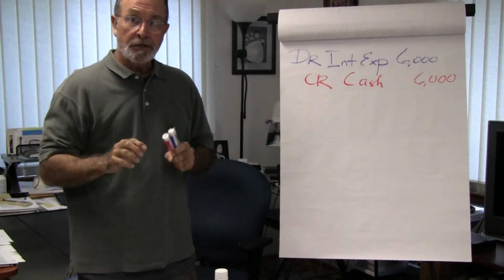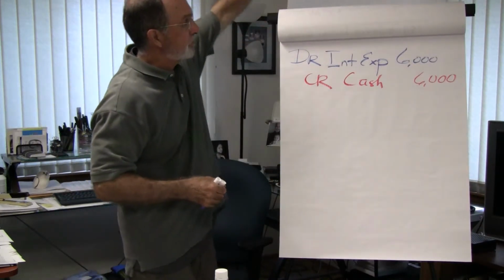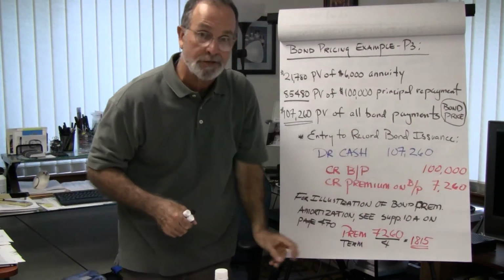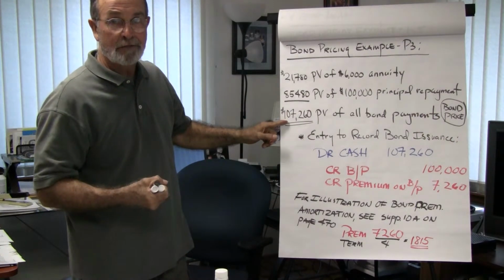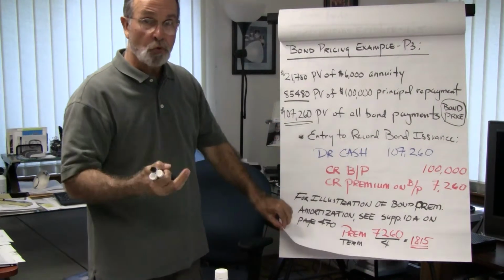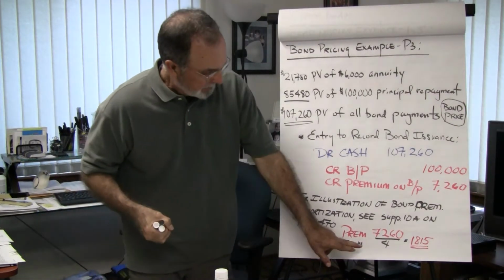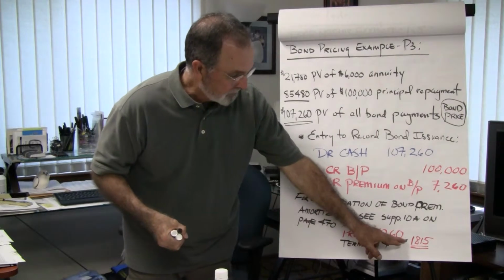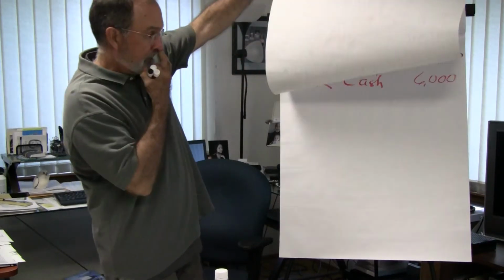We also have to deal with our premium on the bond issue. And again, our premium is $7,260. Premium is a credit. It represents an amount in excess of the amount we have actually borrowed and need to repay. So we got more than we need to repay. Again, I've said that numerous times. And so using the straight line amortization method for the premium, we amortize $1,815 of that premium every year.